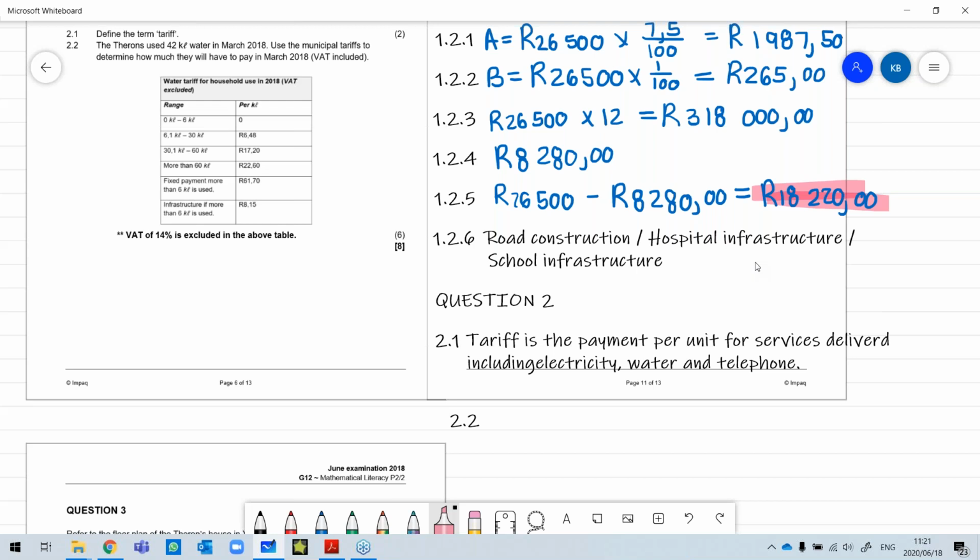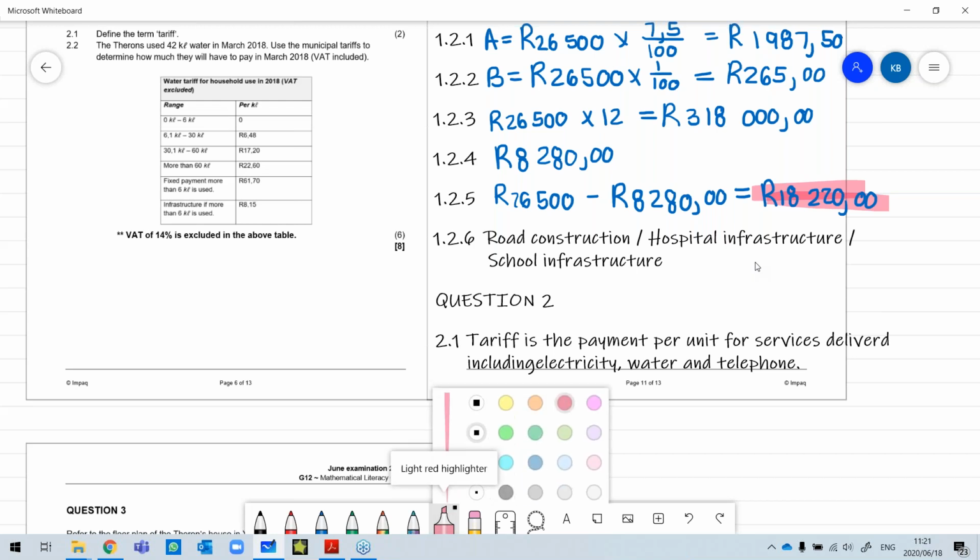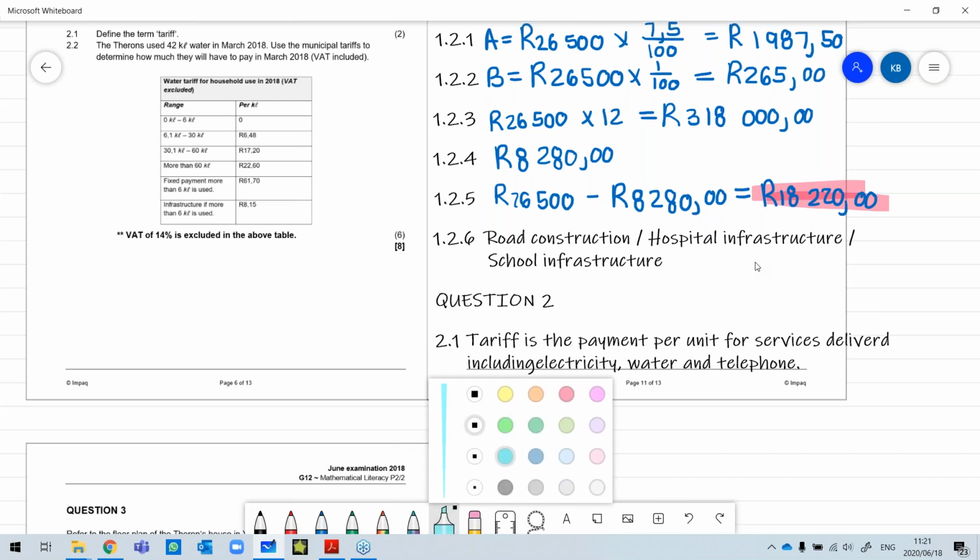Question 2.2. The Thorons used 42 kiloliters water in March 2018. Use the municipal tariffs to determine how much they will have to pay in March 2018, VAT included. So guys, the importance comes in when you read a question. You sometimes lose marks because you don't read or you don't register what you're reading.